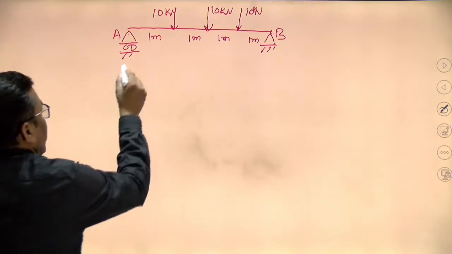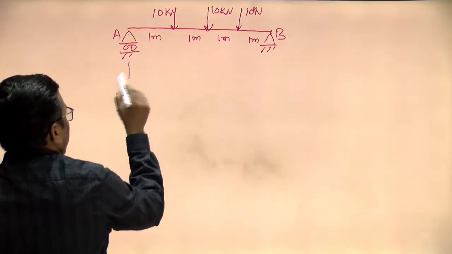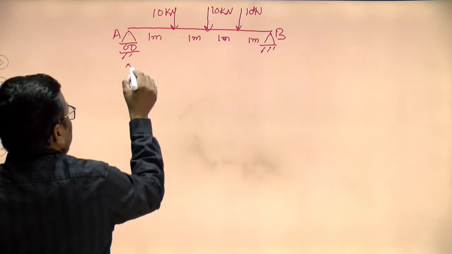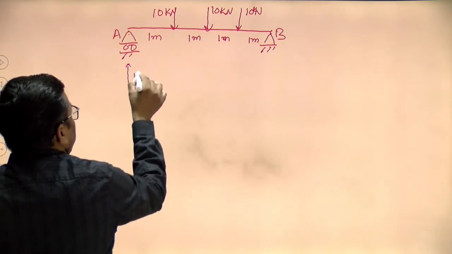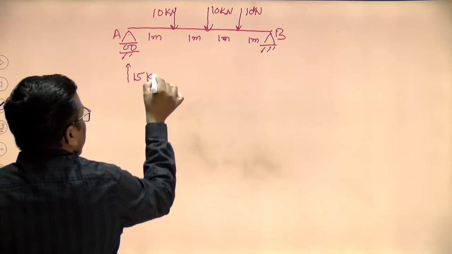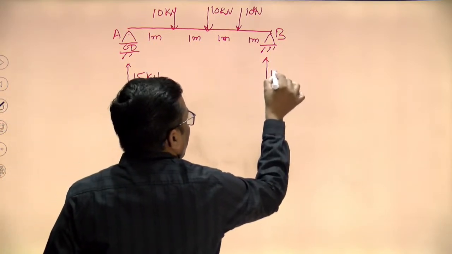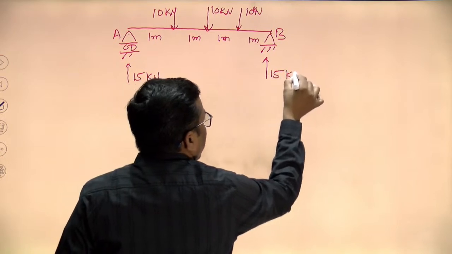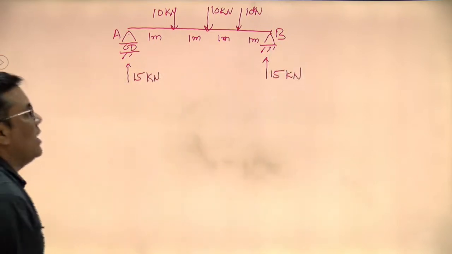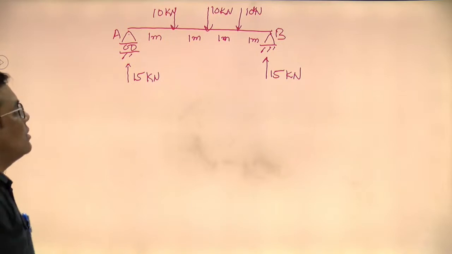By the symmetry, I can say it will be 15 kilonewton. Total load, how much is it? Total load is 10, 10, 10, 30, equally distributed. So, 15 kilonewton, 15 kilonewton.